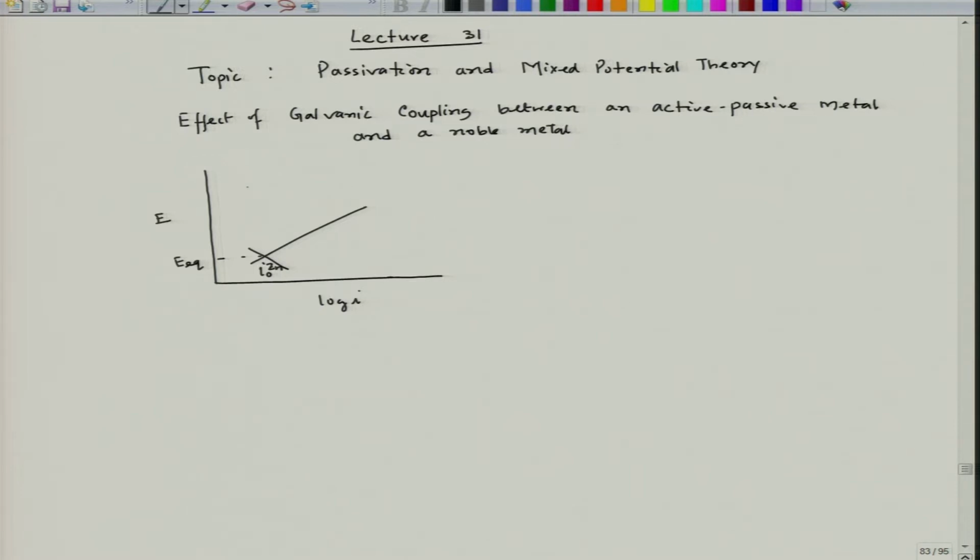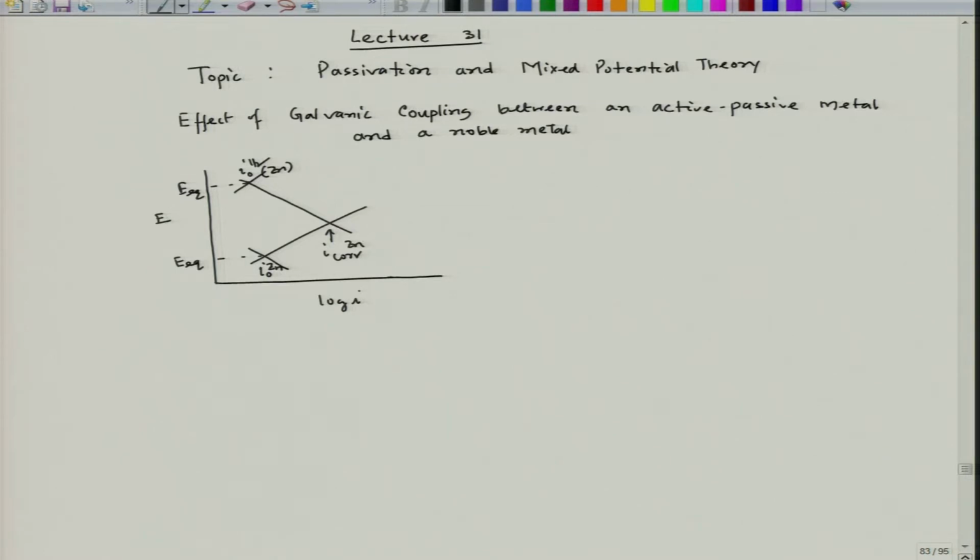If it is exposed to a hydrogen ion containing electrolyte like acid, there it will have hydrogen evolution reaction on its surface. So, this point becomes E equilibrium and this is I0 hydrogen on zinc surface, and this becomes my I corr of zinc.